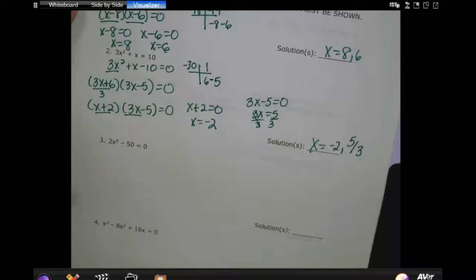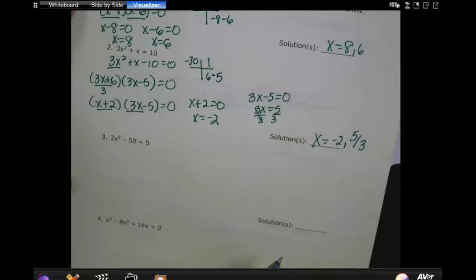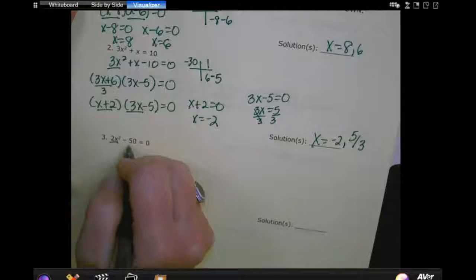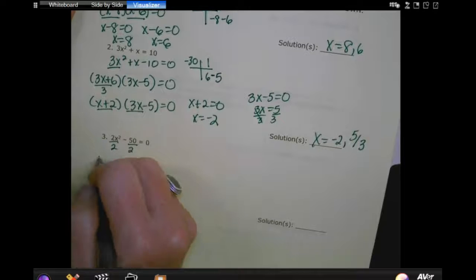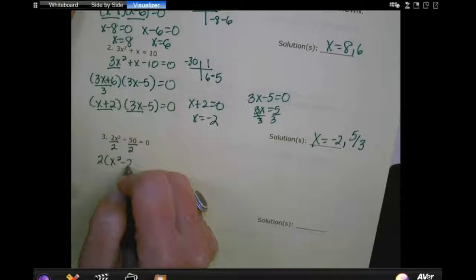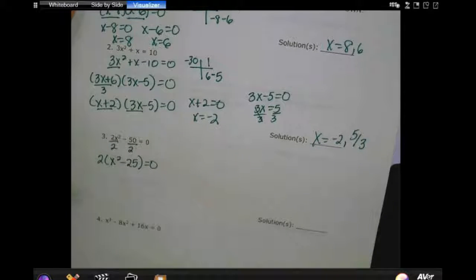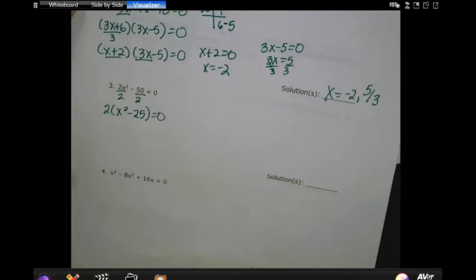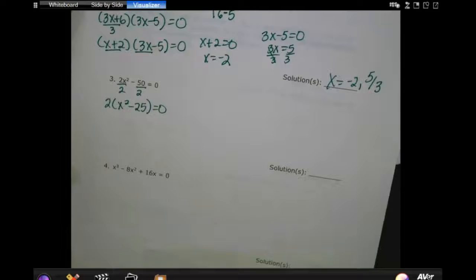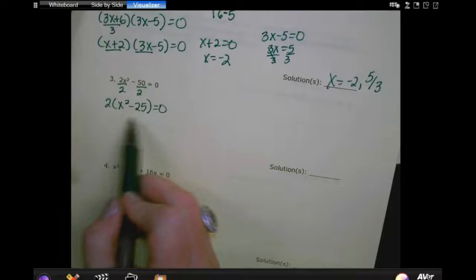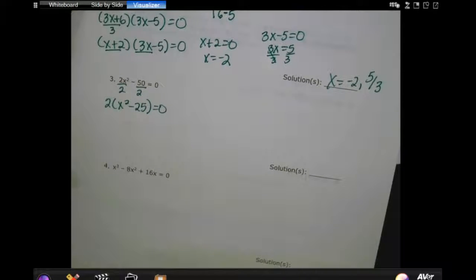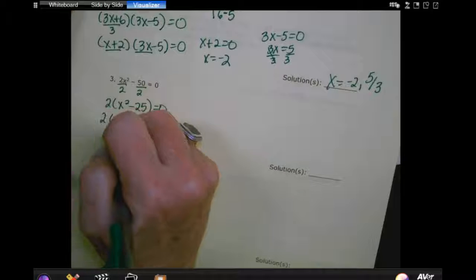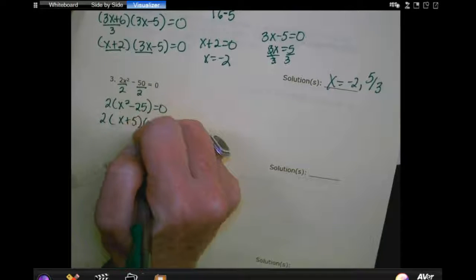On number 3, is there a greatest common factor? What is it? 2. So if I divide by 2, I get x squared minus 25. And so how do I factor that x squared minus 25? It's the perfect square, but you're right. We're going to set it equal to 0. So I'm going to have x plus 5 and x minus 5.